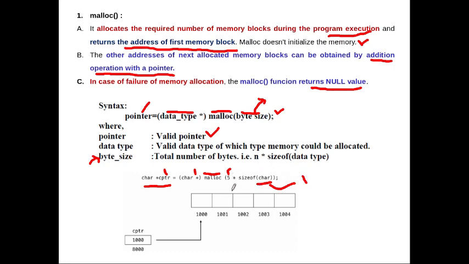So a total of 5 memory blocks will be allocated, and the size of each block is 1 byte, okay? After allocating the memory, the first memory block address will be stored in this particular pointer variable, okay? Suppose you want to store any information in this particular location, then you can use this pointer variable and assign the value.